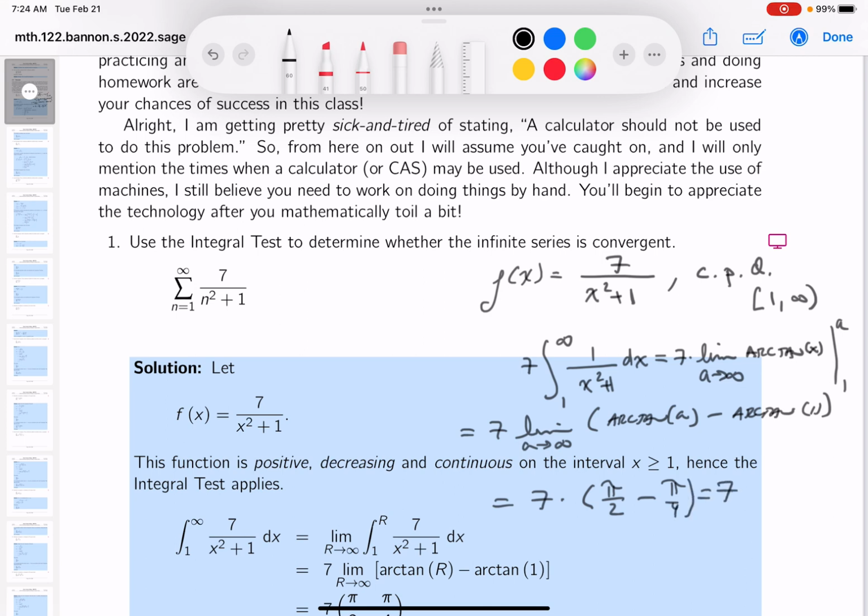So you get 7 times pi over 2 minus pi over 4, which is pi over 4, so you get 7 pi over 4, which is a finite number. So I know this is convergent. This converges by the integral test.